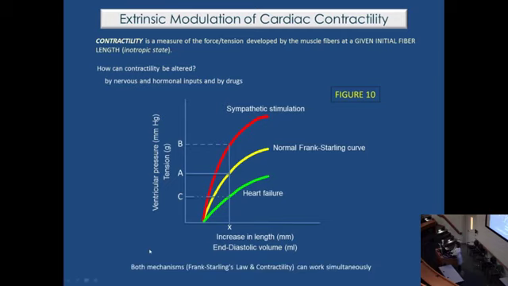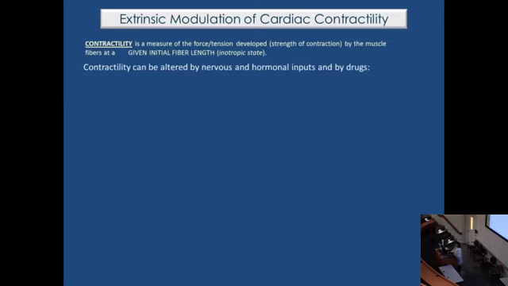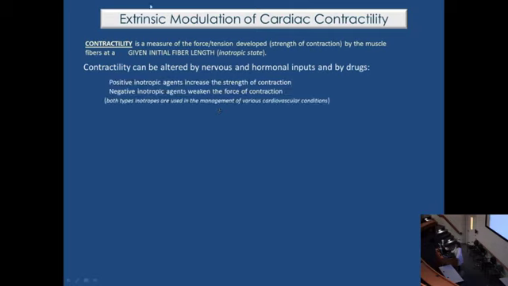So now, as I said before, you see that both mechanisms can take place or can work simultaneously. Okay? Questions? Okay, so then you know that if there are some agents that increase the force of contraction, they are referred to as positive inotropic agents.